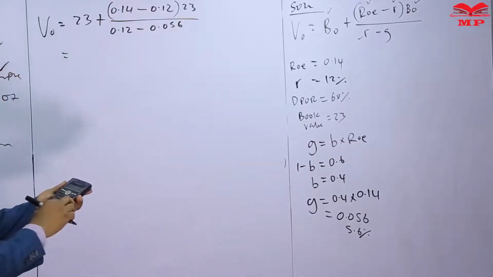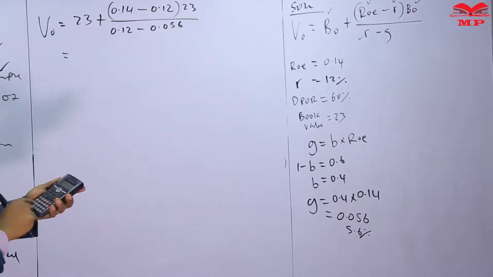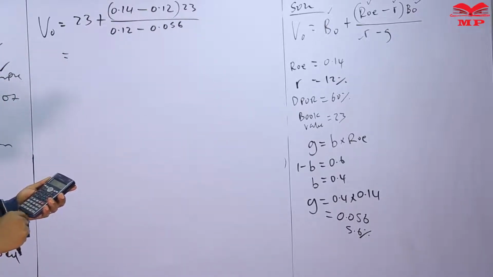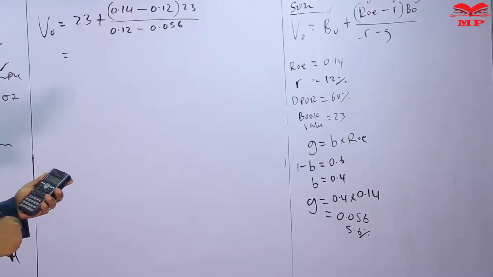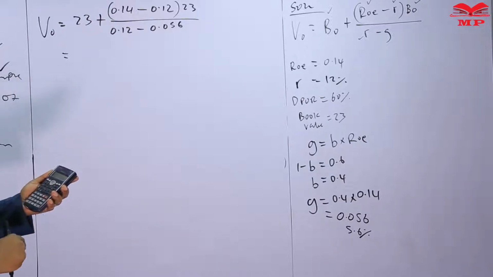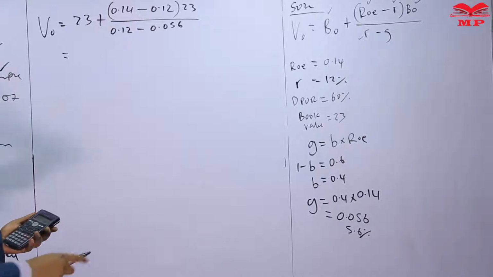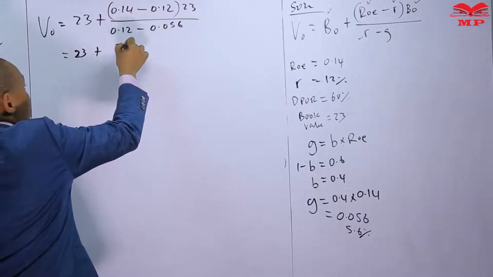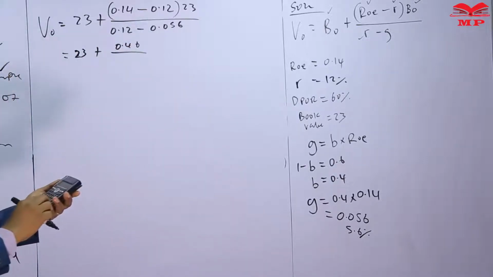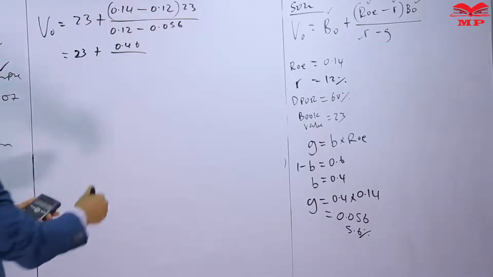So how much is the value we have? We first of all work out the present value of future economic profits. Remember BODMAS, we first work out the brackets: 0.14 minus 0.12, and we have 0.02. Then we multiply by 23 right there. We have 0.46. So it's 23 plus 0.46 over 0.12 minus 0.056. We have 0.064.